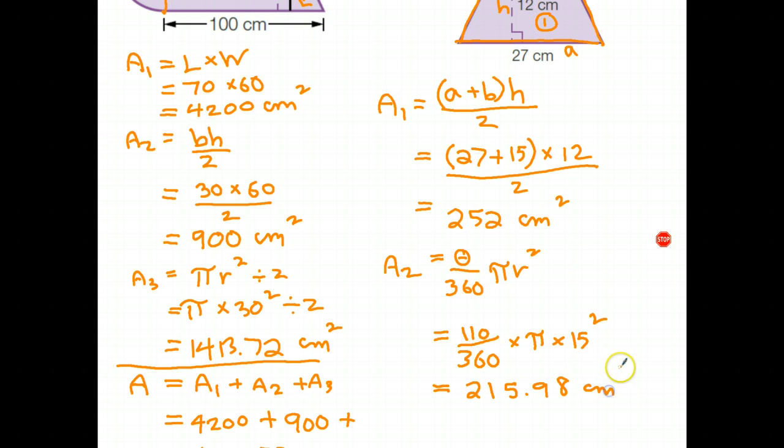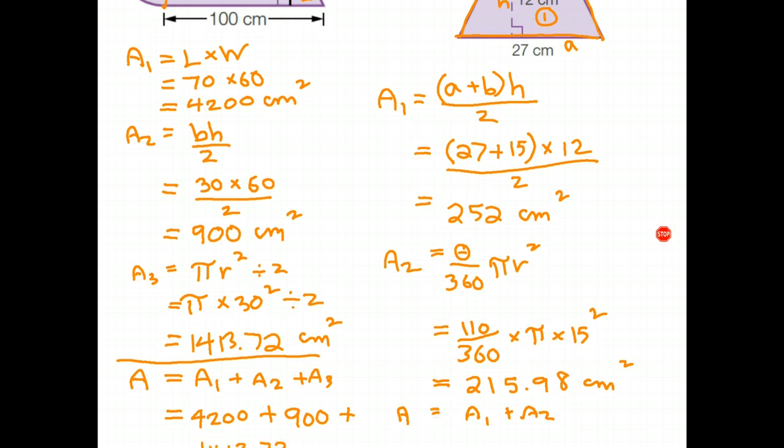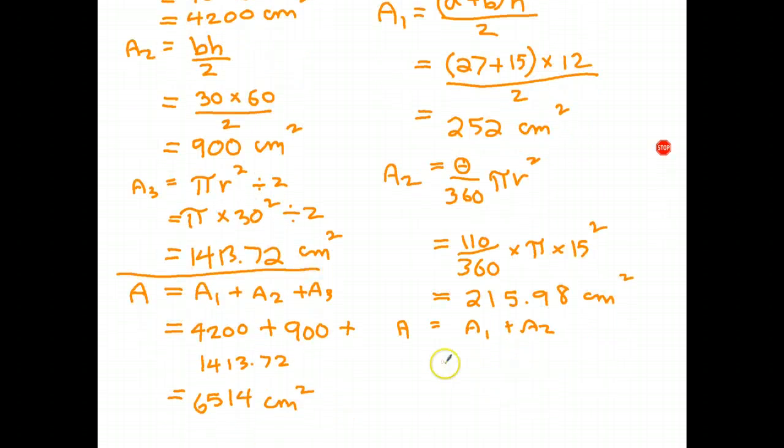That's centimeters squared. And to get the total area, it's area 1 plus area 2. Scrolling on down. Area 1 is 252 centimeters squared.